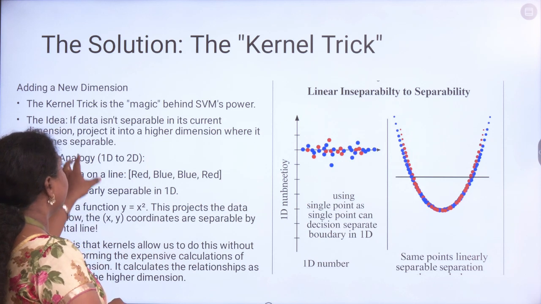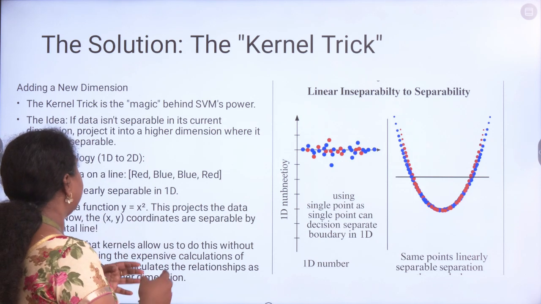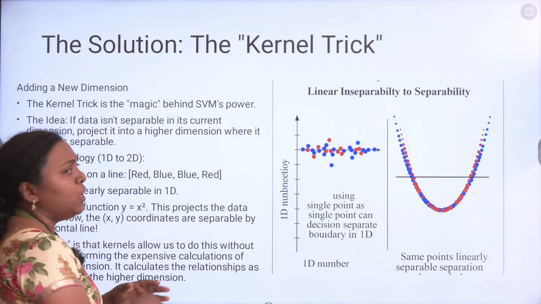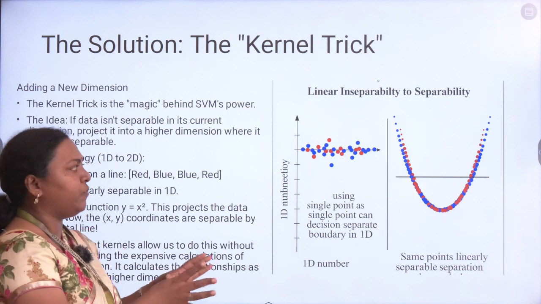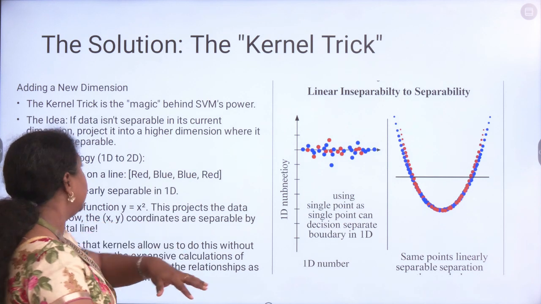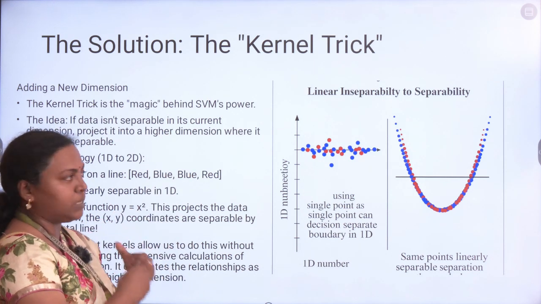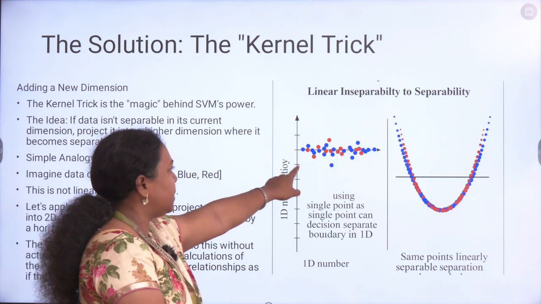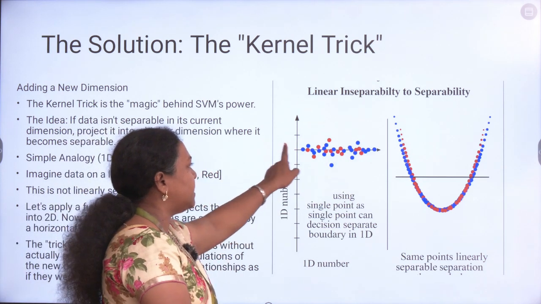So the idea is, if the data isn't separable in the current dimension, you cannot separate it into two different classes. We turn that dimension into a higher dimension so that the data becomes separable. You can see the image here, the data are present on a single line.